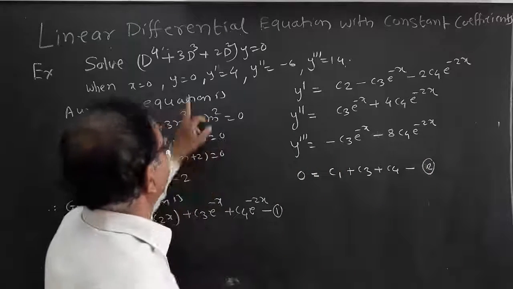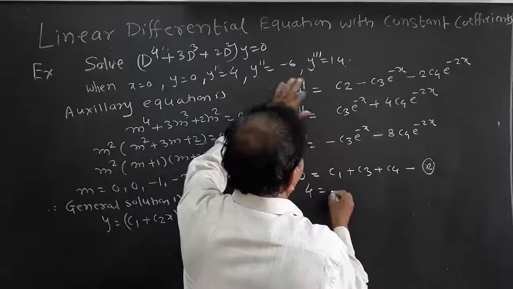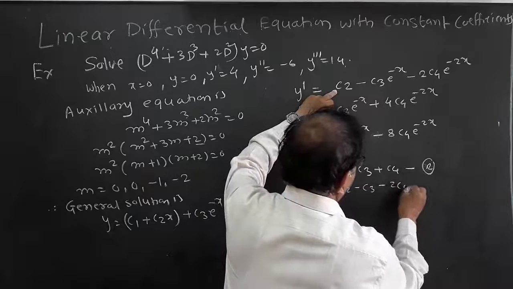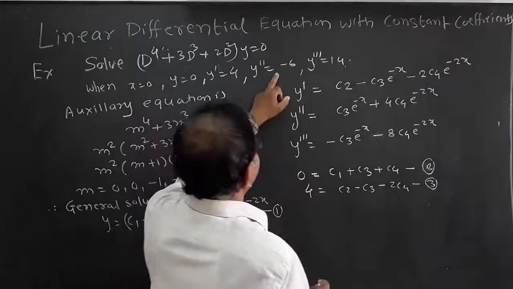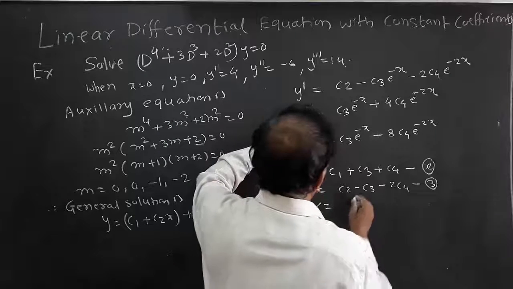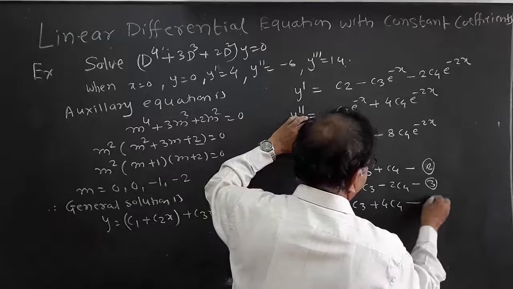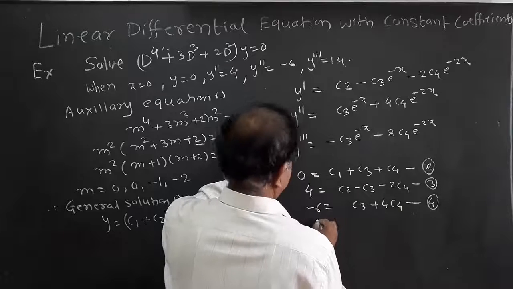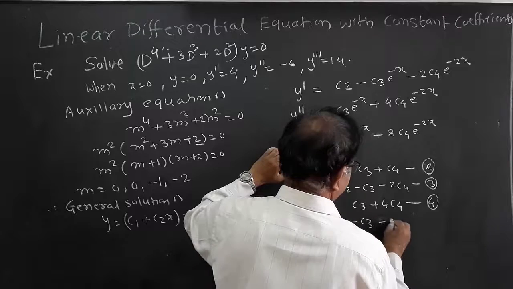Now when x equal to 0, y dash equal to 4, therefore 4 equals c2 minus c3 minus 2c4. Third equation. When x equal to 0, y double dash equal to minus 6, so minus 6 equal to c3 plus 4c4, and y triple dash equal to 14 when x equal to 0, so 14 equals minus c3 minus 8c4.